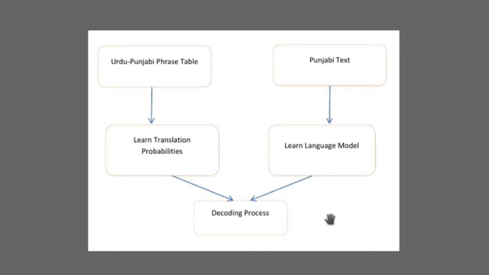Obviously, the IBM models provide an elegant solution for automatically mapping source and target language phrases, but for that we need a large parallel corpus to train the model. And we also know that Urdu and Punjabi are resource poor languages. Therefore, we have created a simple and efficient solution to train the model.